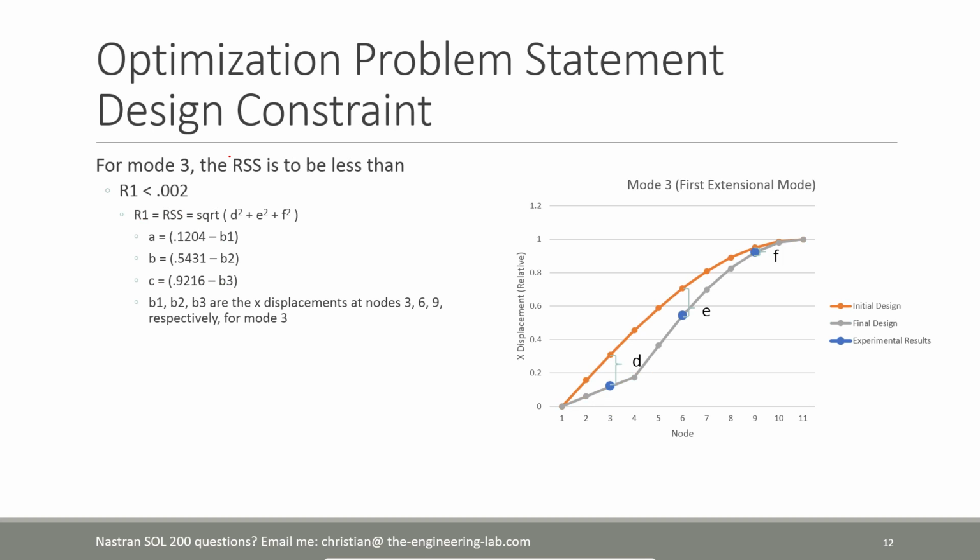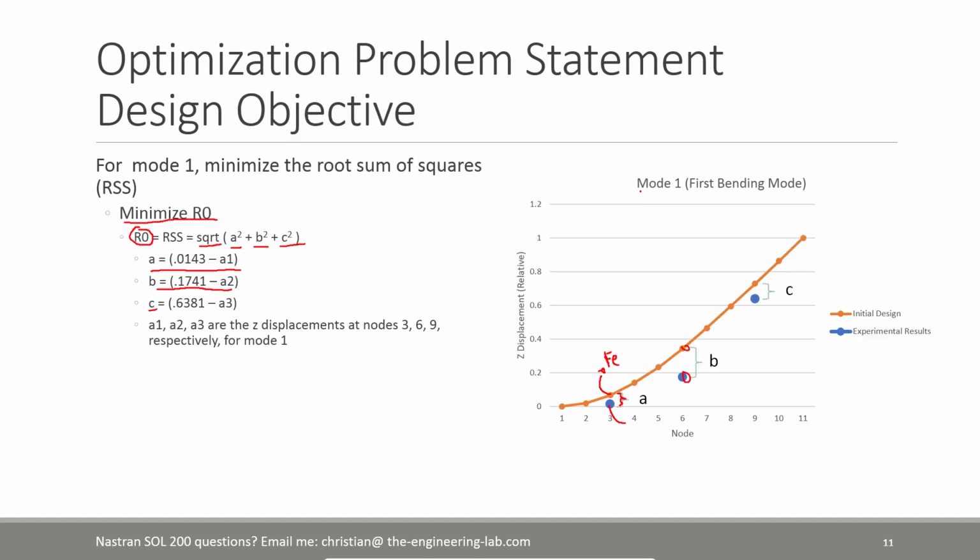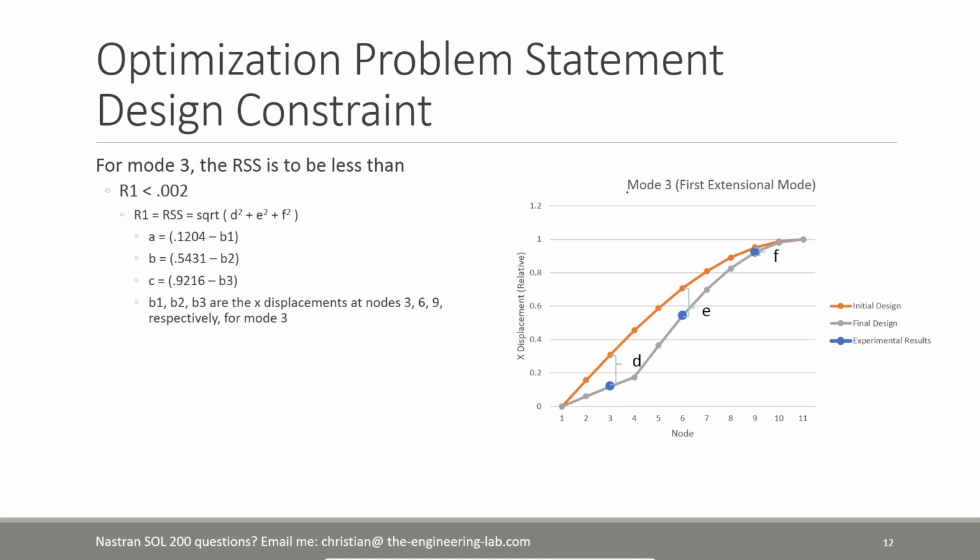We're going to perform something very similar for the design constraint. This time, in our previous objective function, we were doing this for mode 1. We want to minimize the error between mode 1 of the FE solution and the experimental results. Here, what we are saying is we want to do the same. We want to express the error for mode 3 between the experiment and the FE solution.